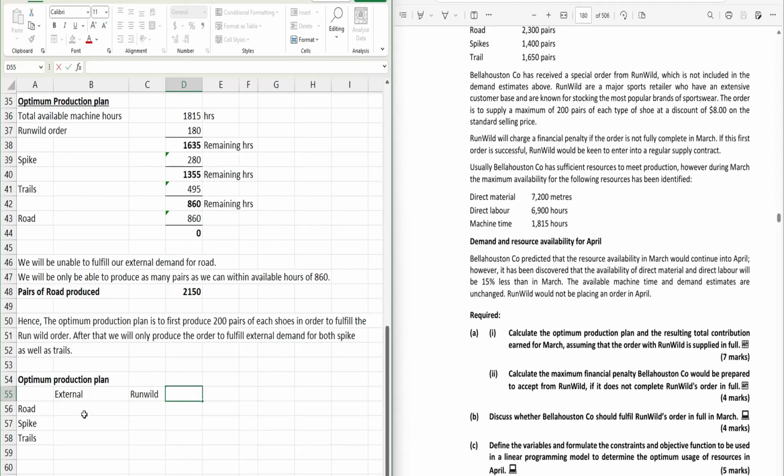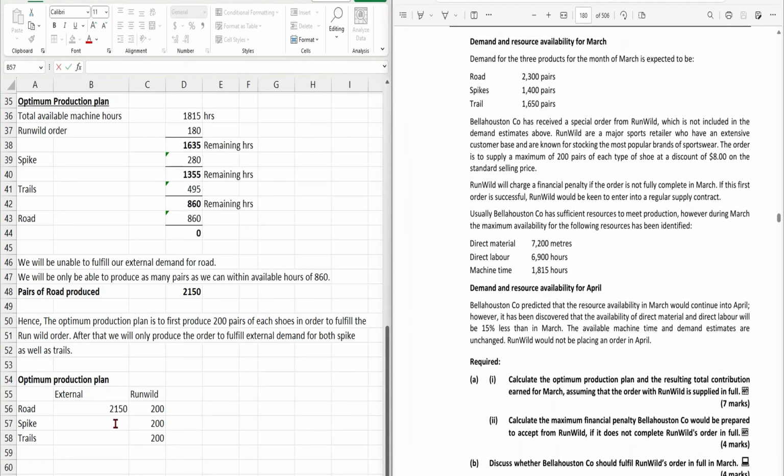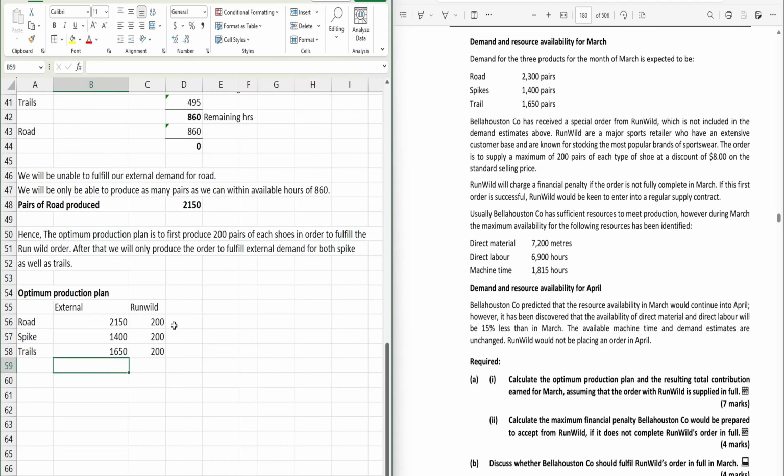So for the Run Wild, we have fulfilled the maximum order as stated in the question, that is 200. And for road it's only 2150 produced, and for spike we have produced the maximum, that is 1400, sorry, it's my fault, 1400. And for trials 1650. So now you have to calculate the contribution as well.